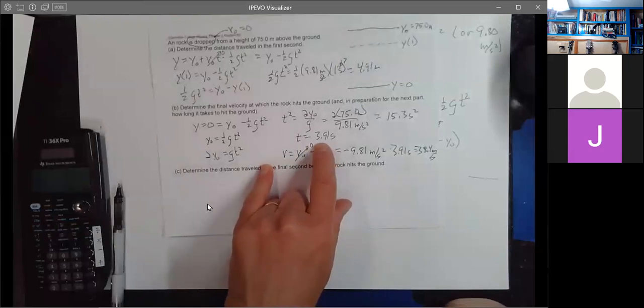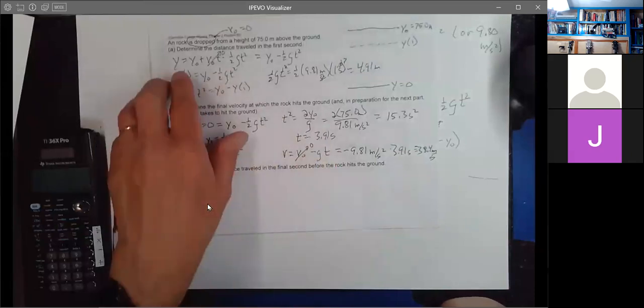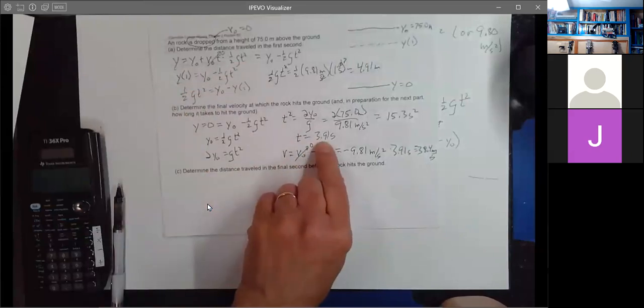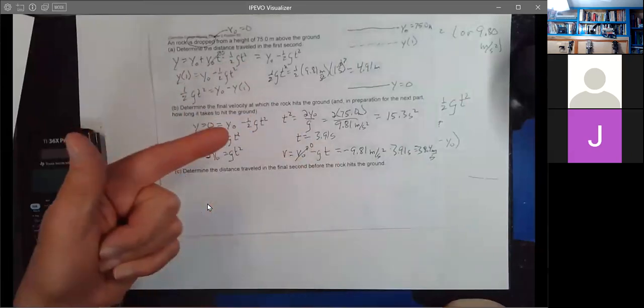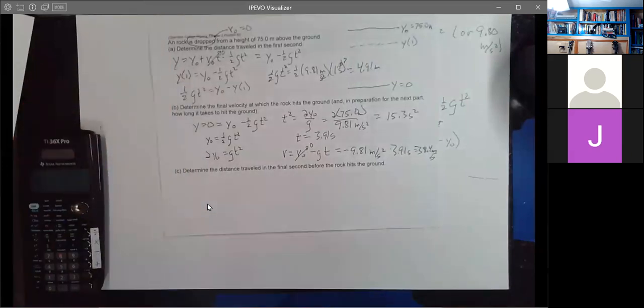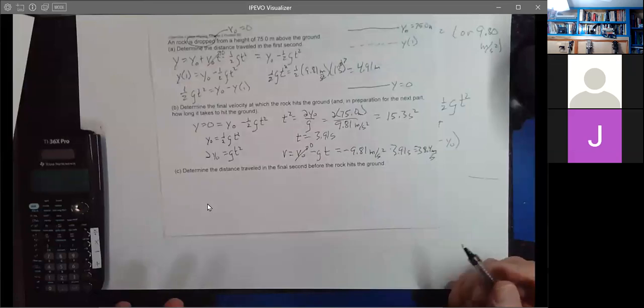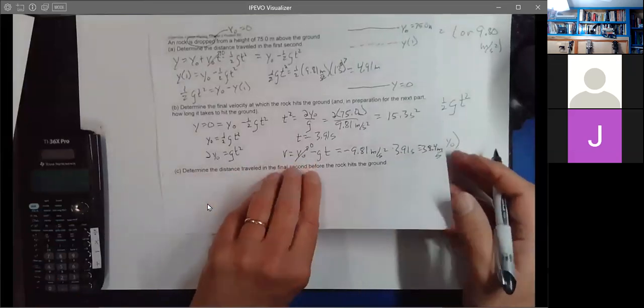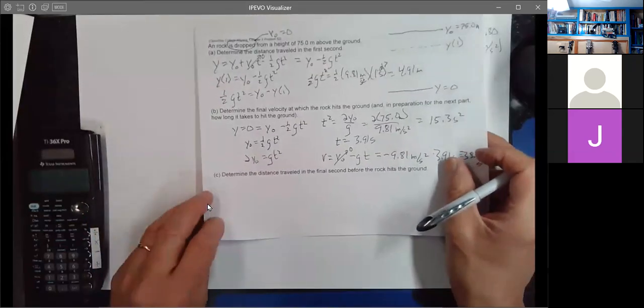If I subtract 1 second from that and figure out the y position at 2.91 seconds, that'll tell me how far it is above the ground 1 second before it hits the ground. And so that height will be how far it travels in the last second. So let's figure that out.